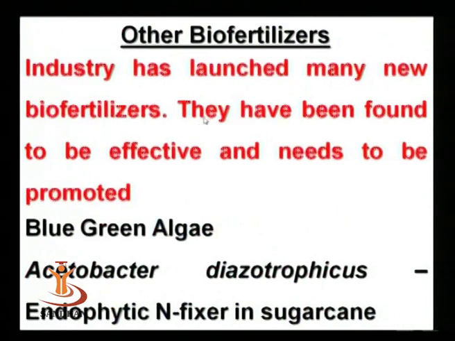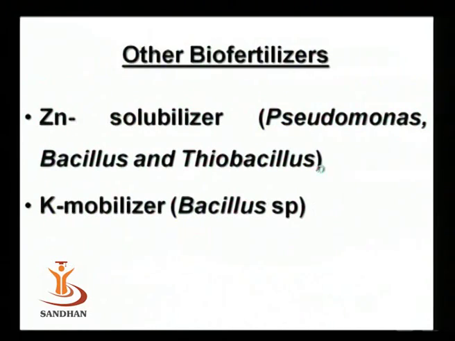There are many other biofertilizers. Industry has launched many new biofertilizers which have been found to be effective and need to be promoted, like blue-green algae, and Acetobacter diazotrophicus, that is an endophytic nitrogen fixer in the sugarcane industry. The next is zinc solubilizer, that is Pseudomonas, Bacillus and Thiobacillus species.